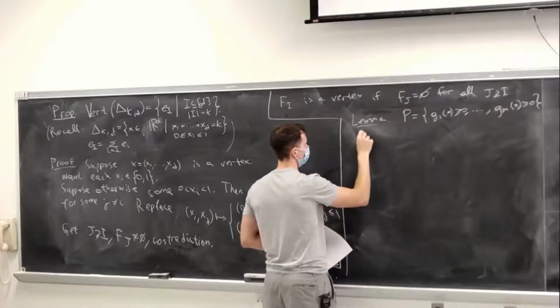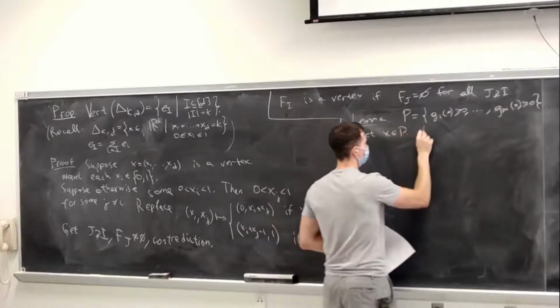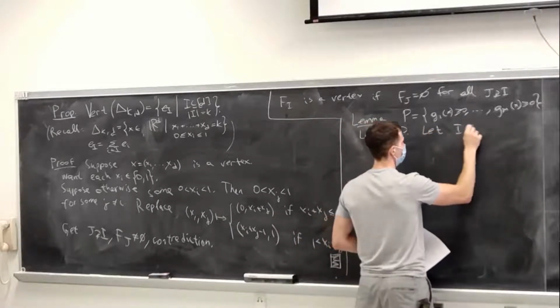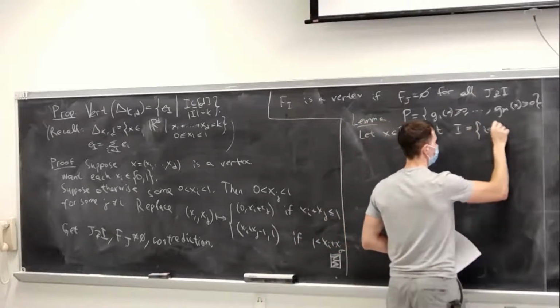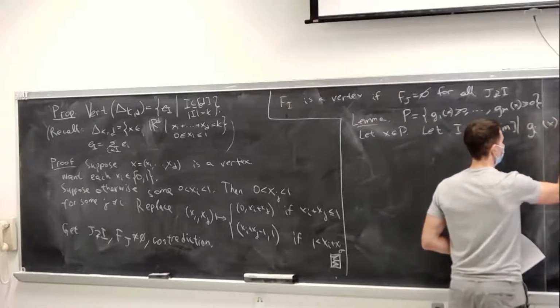Then suppose I have a point x in P, and let I be the set of all i in bracket M such that gi of x is 0.